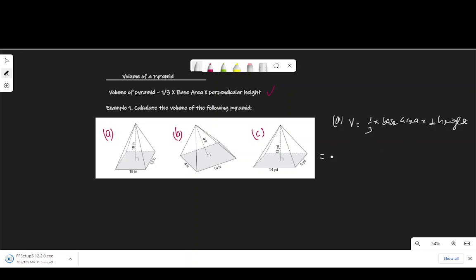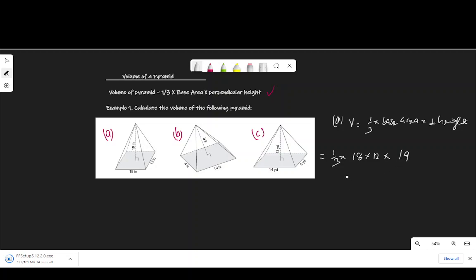So I'll have 1/3 times the base area of a rectangle, which is length times breadth. The length here is 18 inches. The breadth is 12 inches. So I have 18 multiplied by 12. That is the base area. Then multiply by the perpendicular height. The perpendicular height here is 19.